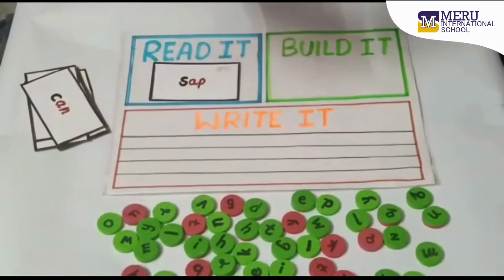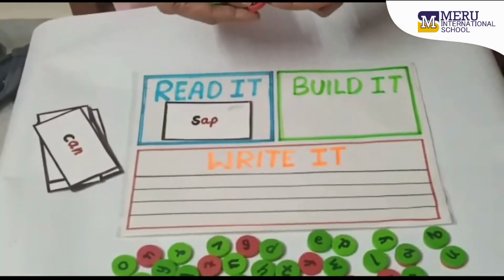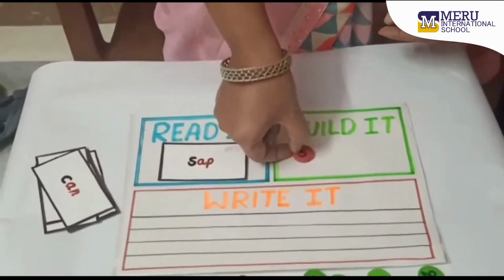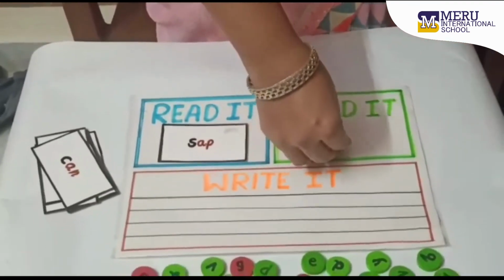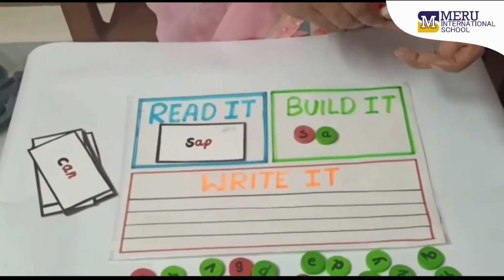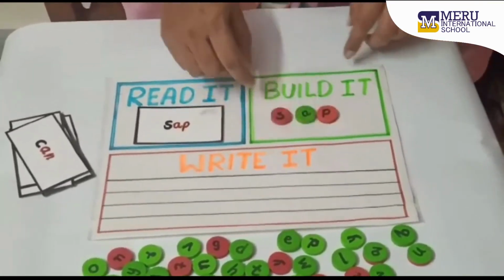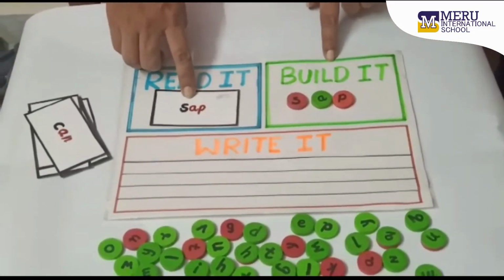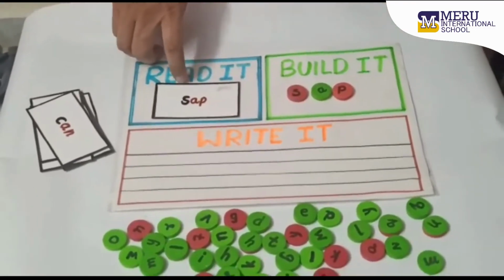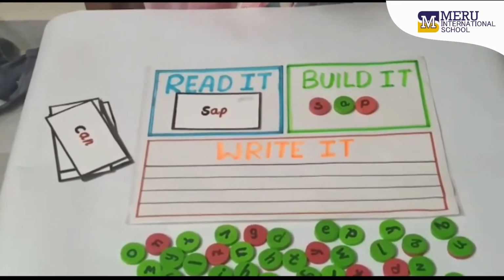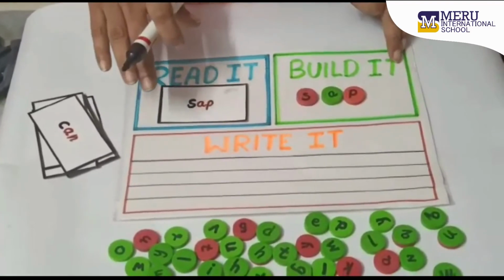So the child has to pick up these letters from the group and put them here as S, A, P. When the child is able to build the word, seeing this, then he can take a marker and write it down.